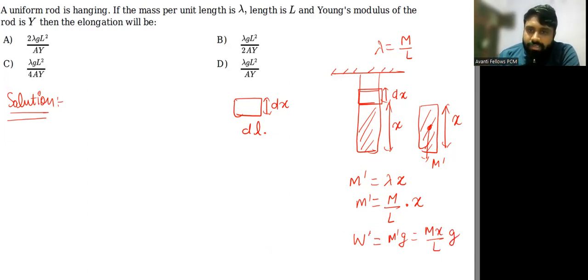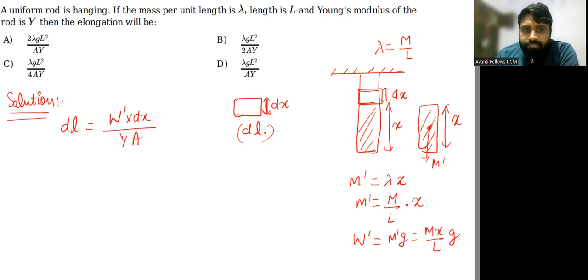This is the load, let's say W dash, which is elongating this element of length dx by dl. Now we know that elongation is given by load applied multiplied by the original length. The original length of this section is dx, divided by Y into A. Y is the Young's modulus. A is the area of cross section.